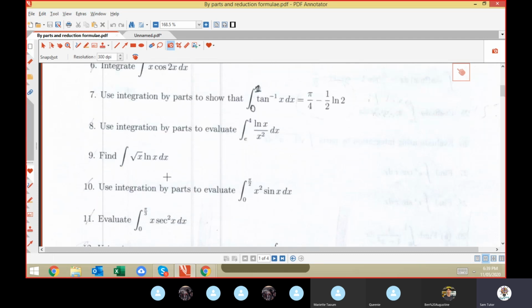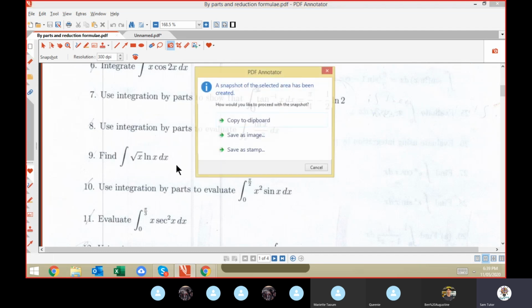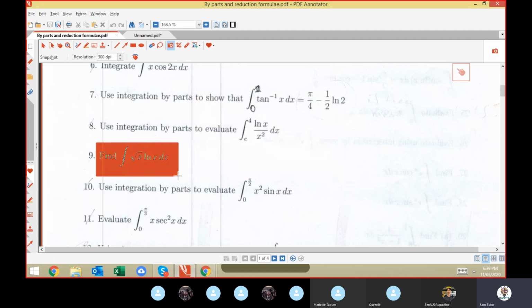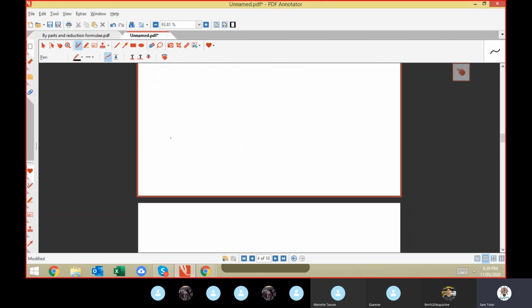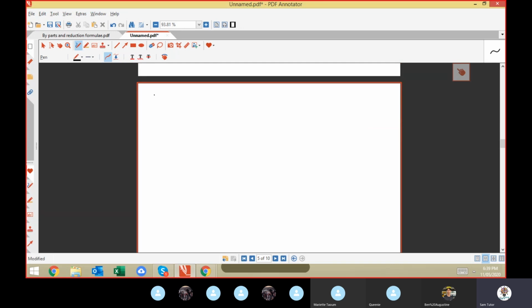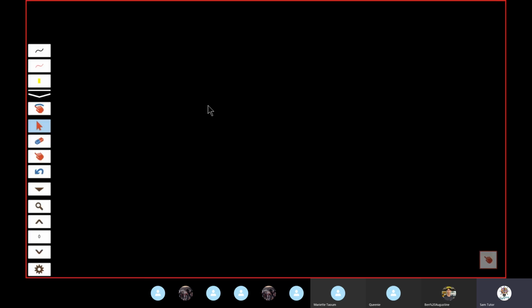No, not yet. Don't do it, Sam. Let's try this and see how this ends up. It might end up to be a nice big mess, which I'm sorry about, Rosemary. But we've got to do it. All right. Integral of root x ln x dx.